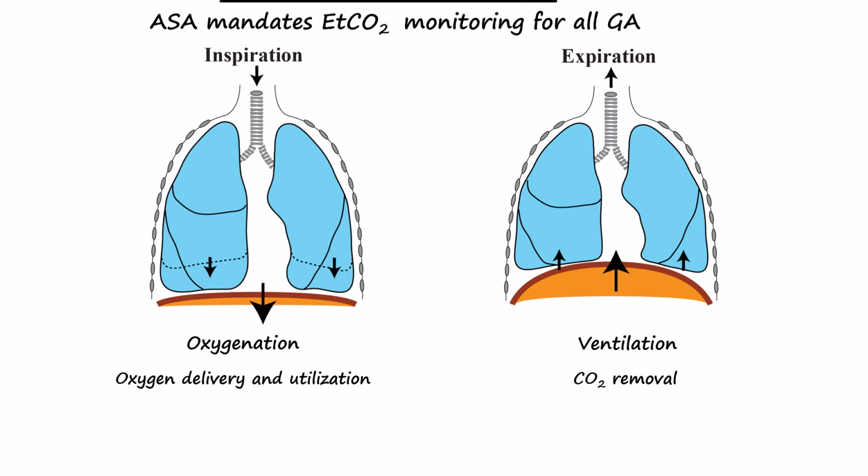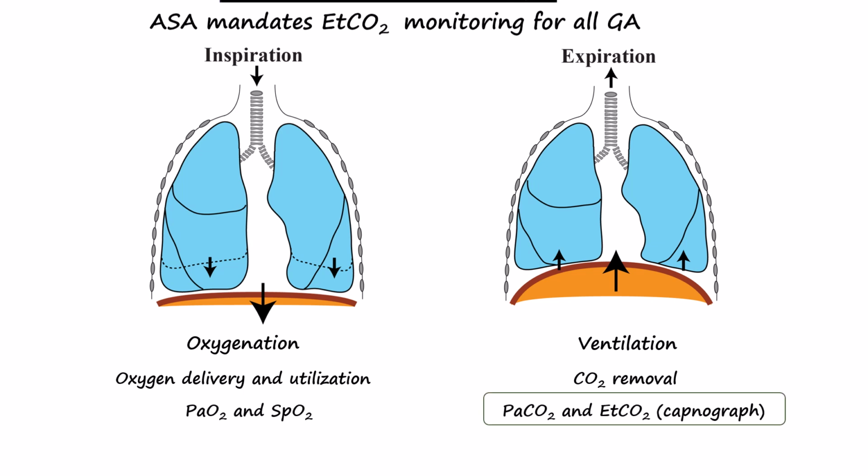Capnography deals with the ventilatory component of the respiratory cycle because it measures the concentration of carbon dioxide in exhaled gas. This measurement indirectly reflects the arterial partial pressure of carbon dioxide, or PaCO2, measured invasively by ABG. In other words, capnography provides a continuous non-invasive assessment of ventilation.